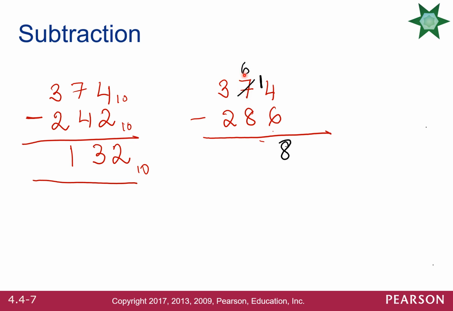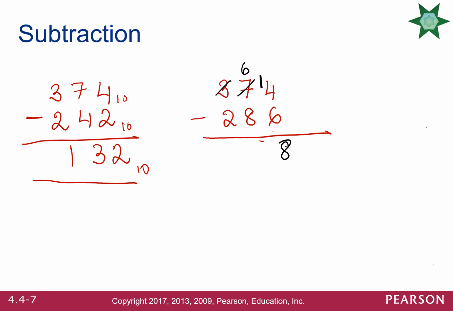So now there's 6. It got reduced by one bundle. So 7 becomes a 6. So 6 is less than 8, isn't it? So again, we have to do some borrowing from the column to its left. So we have to borrow one bundle of tens from the 3.